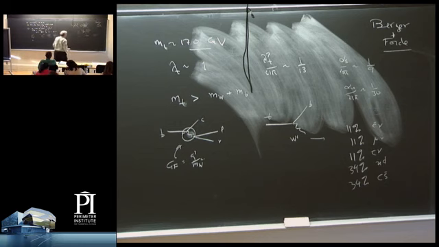OK, the top quark is unusual among quarks because the mass of the top quark is about 170 GeV.